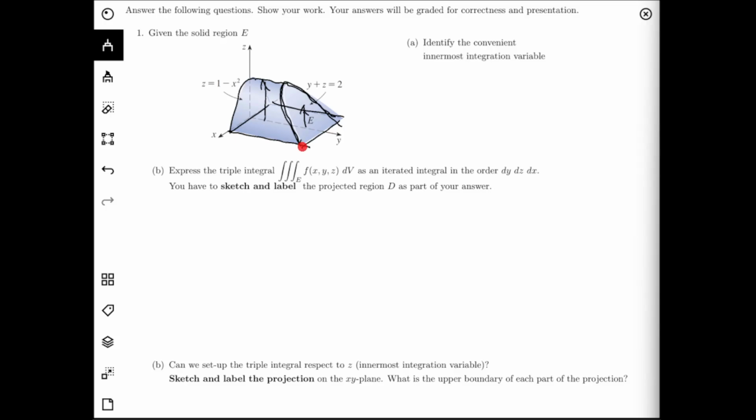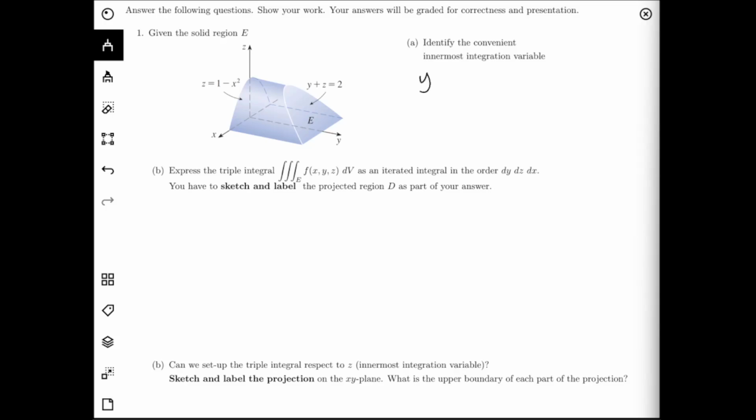So we would end up having two different areas of integration on the bottom, and we don't really want that. So ideally, we would pick y. Why? Because if we pick y, then we only have to do one equation, not two.